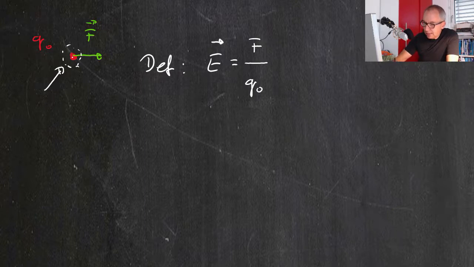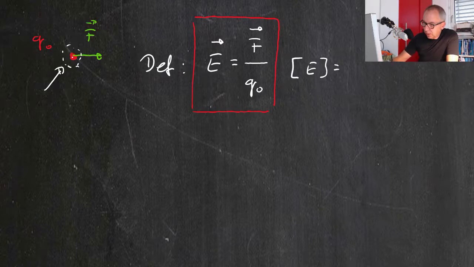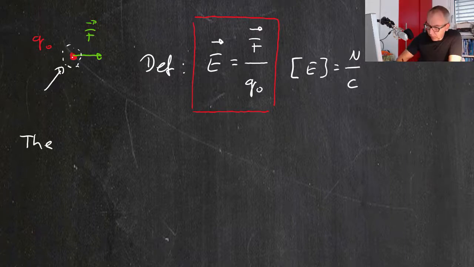And since the force has a direction, the electric field has a direction too, and the direction is the same as the force here. The unit will be Newton per Coulomb. We can also write this down as a sentence.